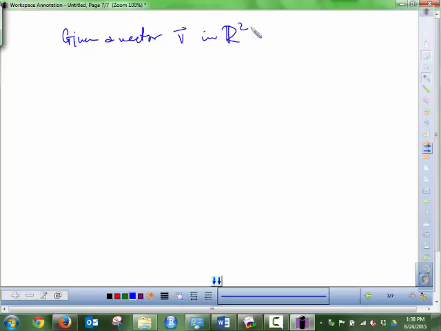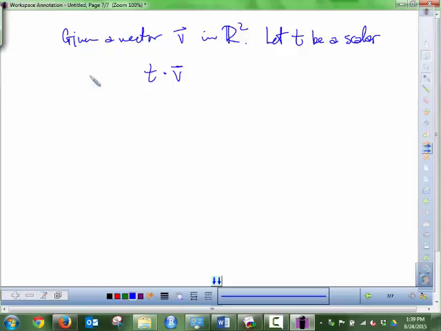So if I have a vector v in R2, then it turns out that if I multiply this by some scalar, let me just call the scalar t. Then t times v is going to be some vector that falls along that line, right?